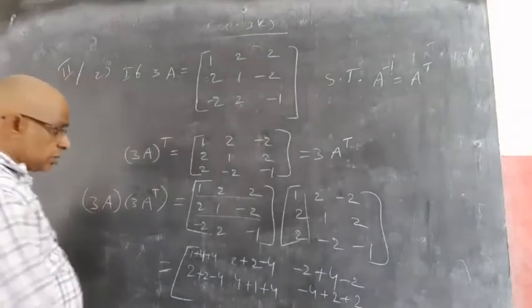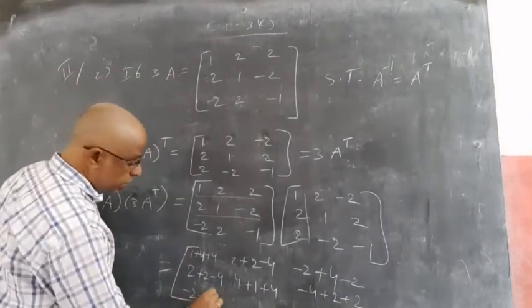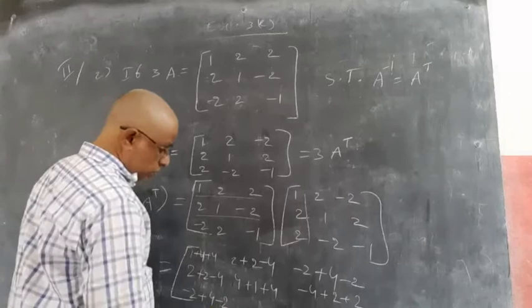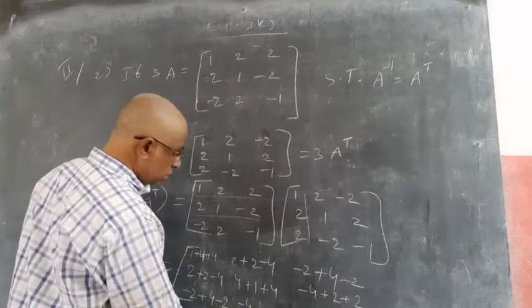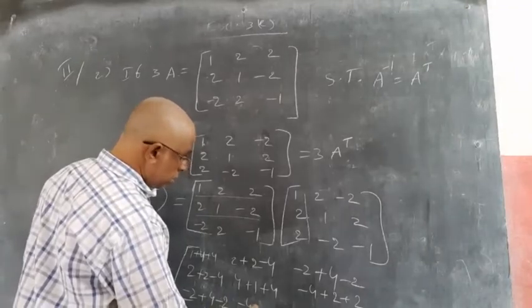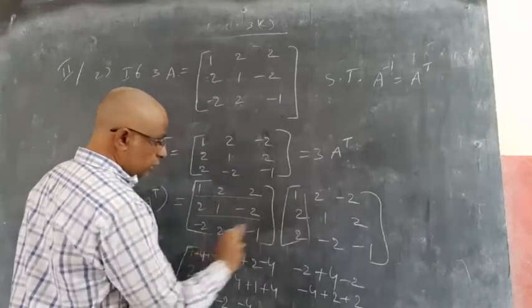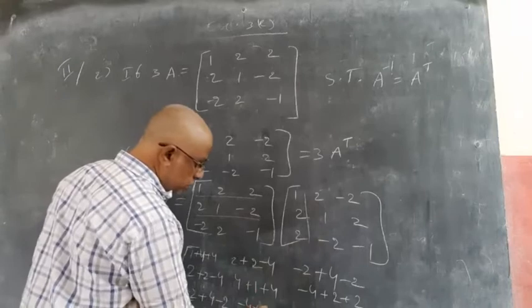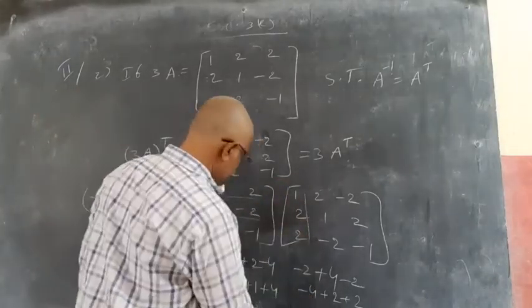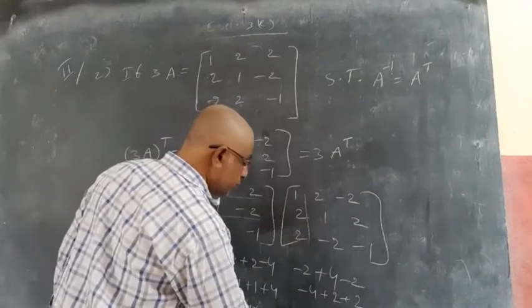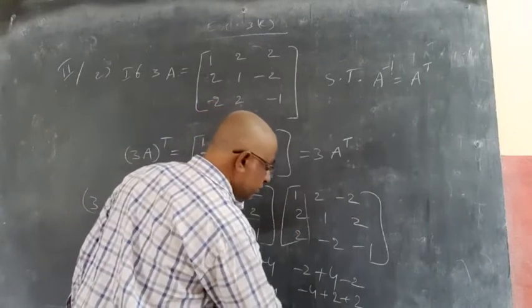Next, minus 2 plus 4 minus 2. Next, minus 4 plus 2 plus 2. Next, third row with third column: 4 plus 4 plus 1.